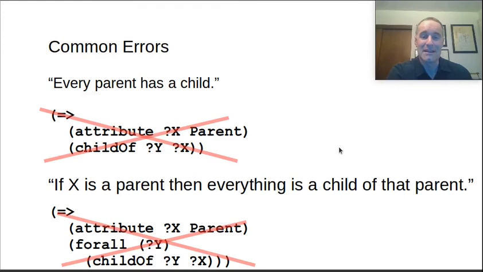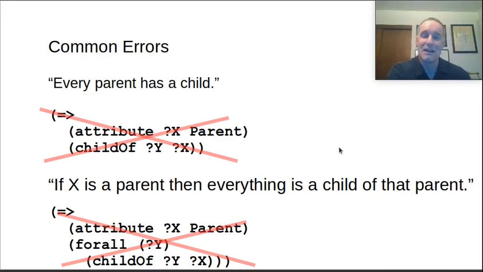So you can read this as, if X is a parent, then for all Y, Y is a child of X. Well, we haven't constrained Y in any way, so that means everything is a child of this. If we have a parent, then everything is its child, including bookshelves and all sorts of other nonsense.